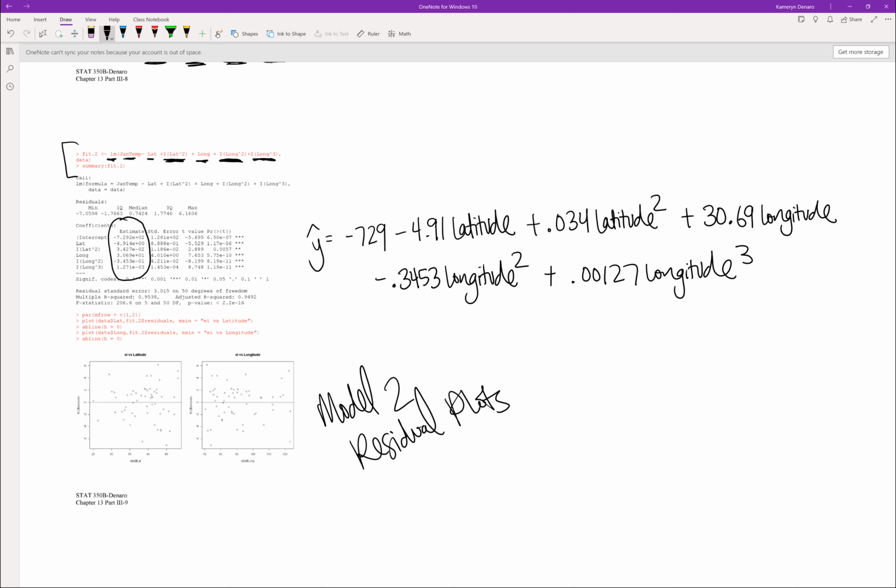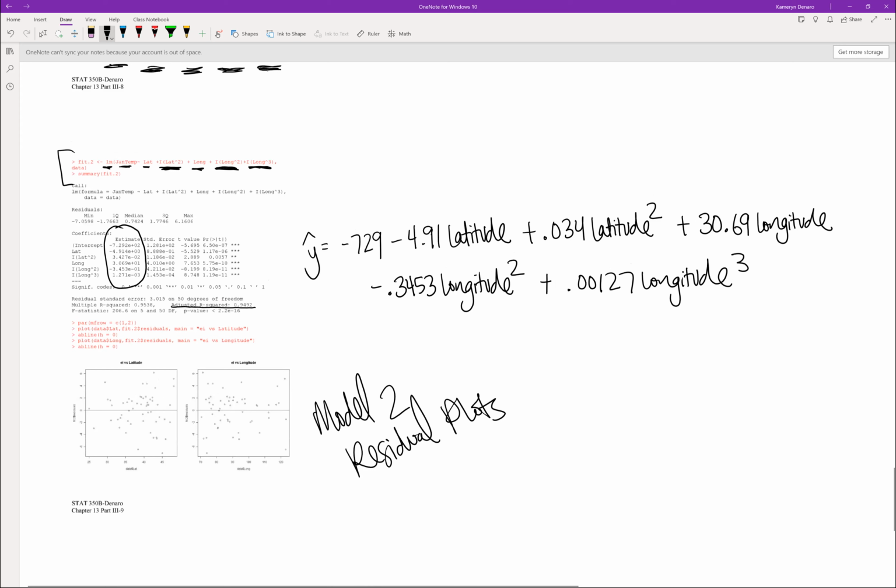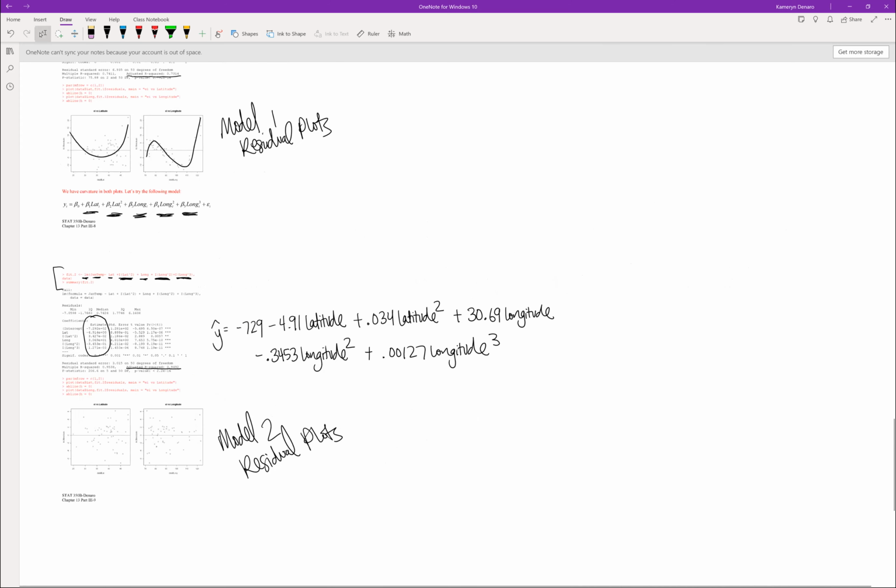So overall, by adding the squared term for latitude, and then adding the square term for longitude and the cube term for longitude, we get a much better model in terms of our residual plots. And also notice that this adjusted R-squared value has also increased because our predictive power has increased. So if we look at those 2 models back to back, overall you would choose model 2 over model 1 based on your residual plots as well as your adjusted R-squared.